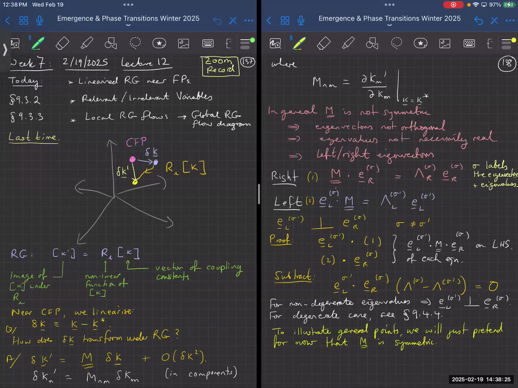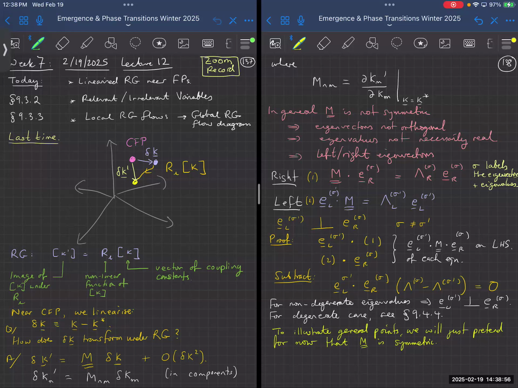But on the right-hand side, I get different objects. If I subtract those two equations, what I get is that E sigma prime dotted with E sigma on the right times lambda sigma minus lambda sigma prime is equal to 0. Because the left-hand side of doing those operations on each of those equations gives me the same object, E left transpose times M times E right, that must be equal to 0 when I subtract.